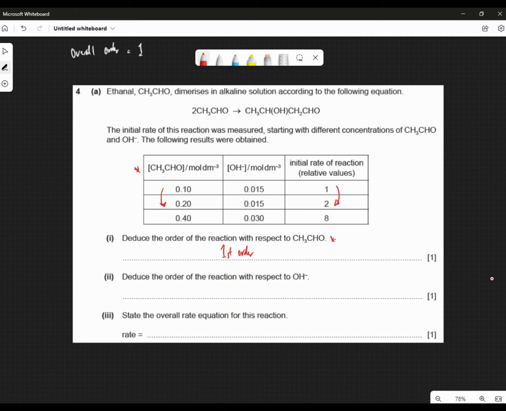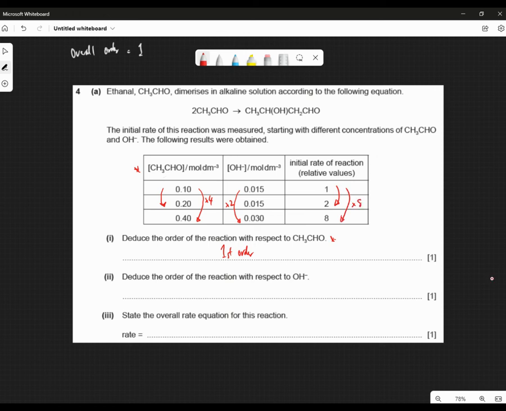Deduce the order with respect to the OH minus ions. Now, let's have a look at this. Well, I'm going to pick this one and this one. Okay, I'm doubling the OH minus ion concentration, and I'm timesing the ethanol by 4. So this is times 2, and this is times 4. Now the rate changes by a factor of 8.